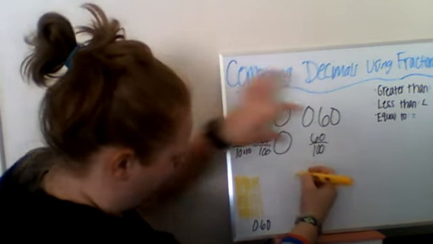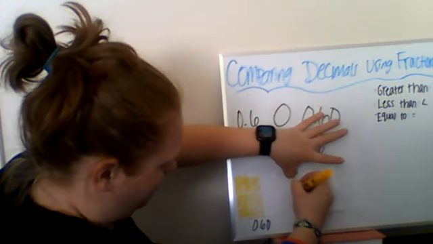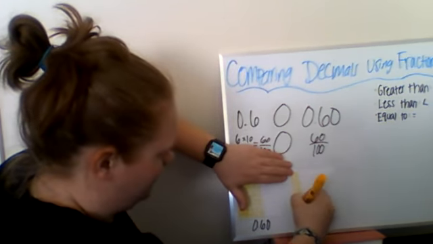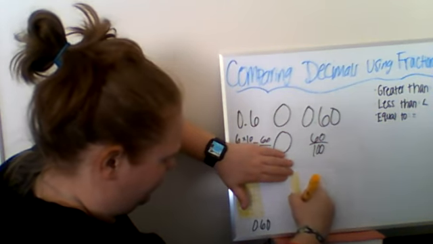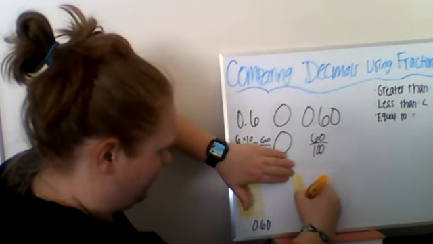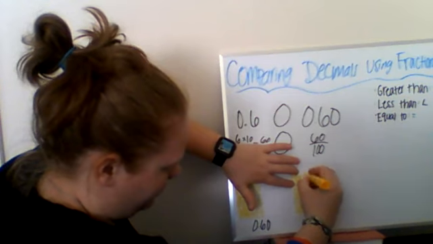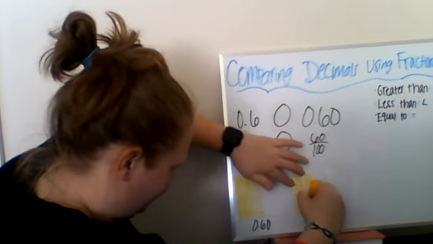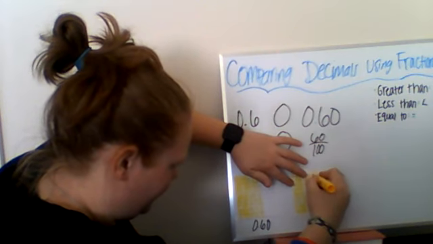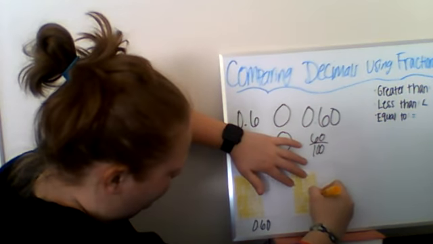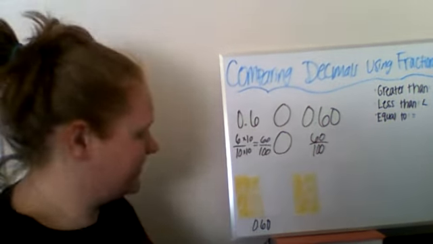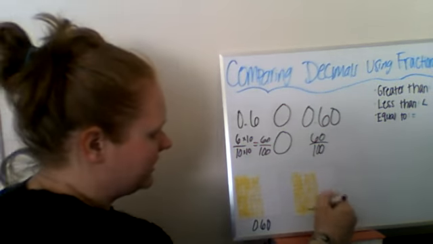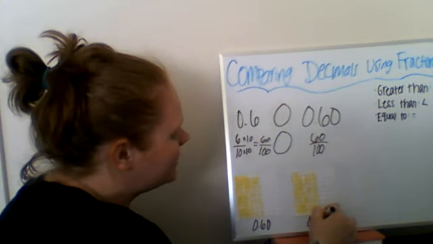So 1, 2, 3, 4, 5, and 6. And if you look at both of these examples, they show the same amount being shaded in.